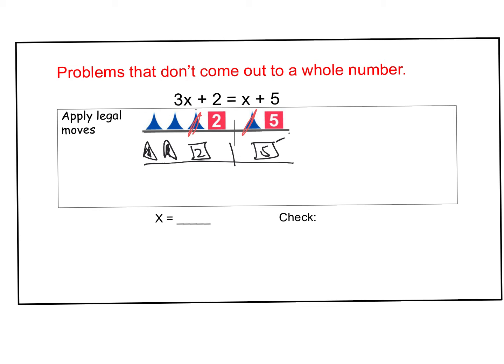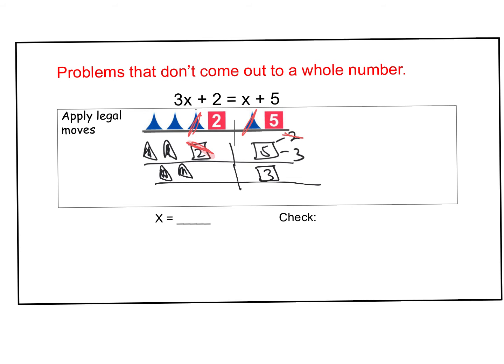So now I can regroup my 5 into a 2 and a 3. And with that 2 and 3, I am then able to remove a 2 from both sides, leaving me with 2 triangles balanced with a 3.